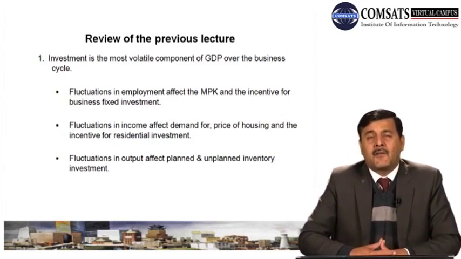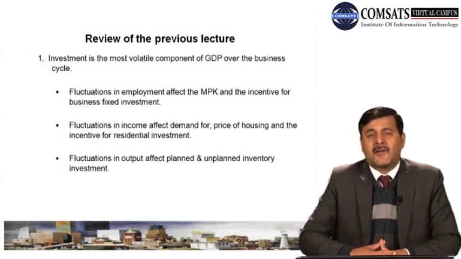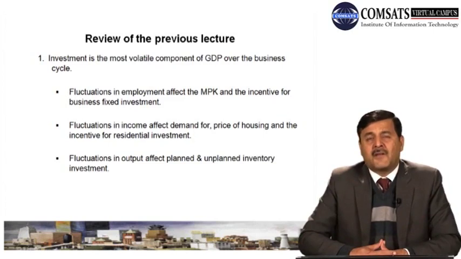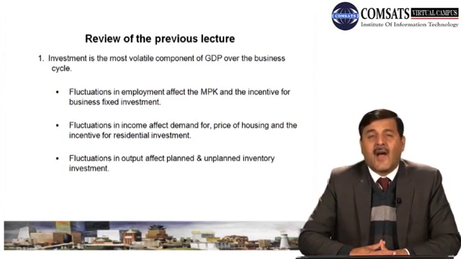Profit rate is equal to marginal productivity of capital minus cost of capital. If that profit is positive, it means marginal productivity is greater than the cost of capital, then this will help to get a high value of Tobin's Q.